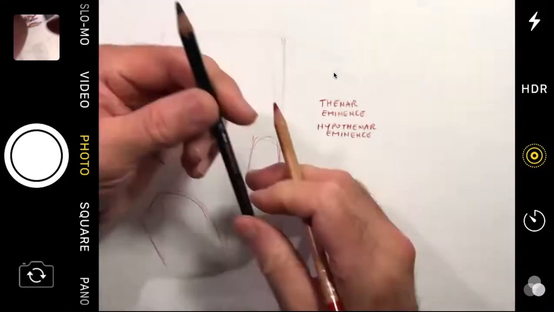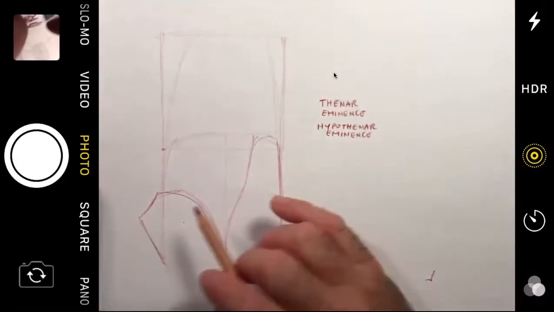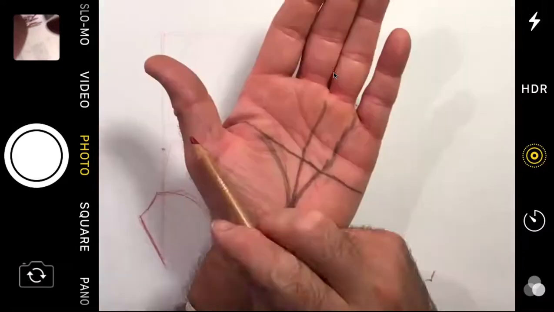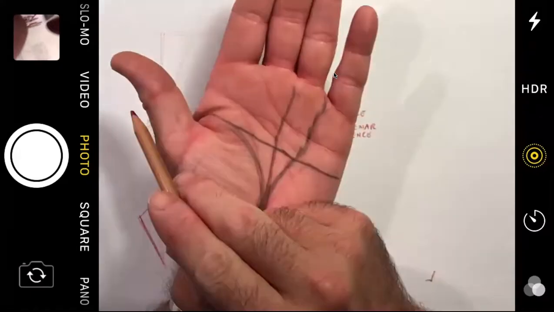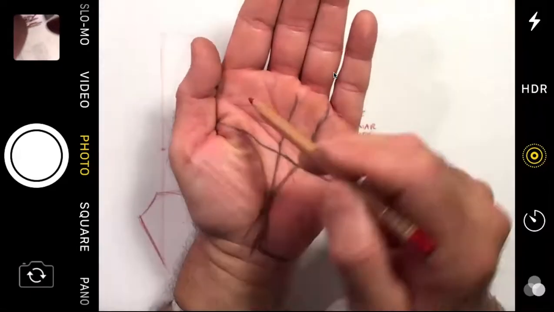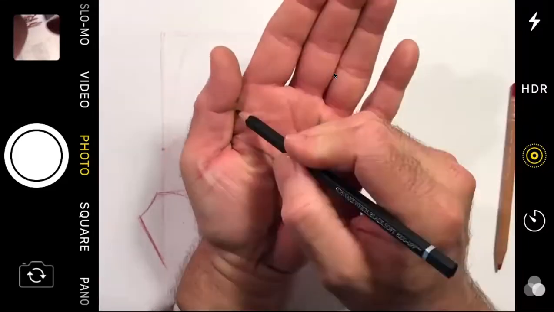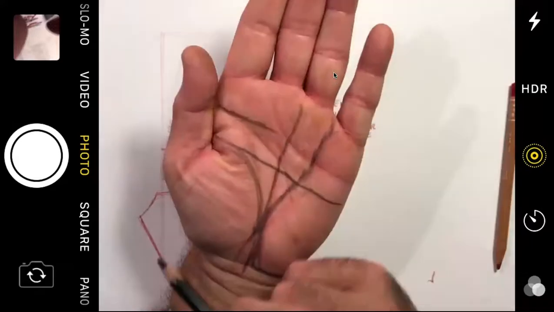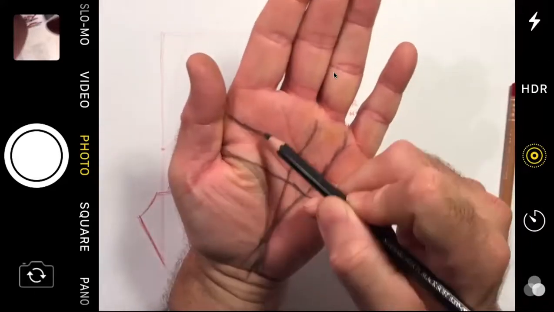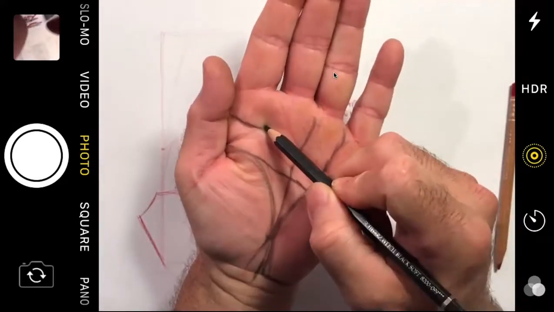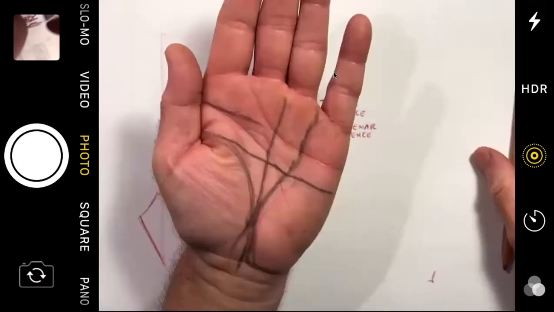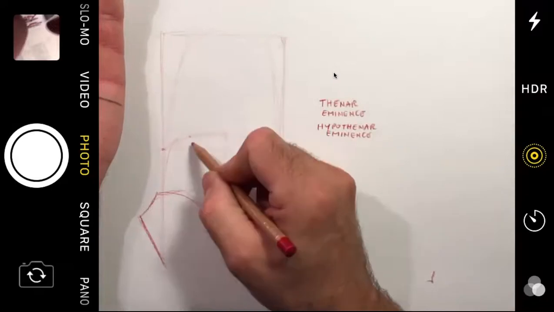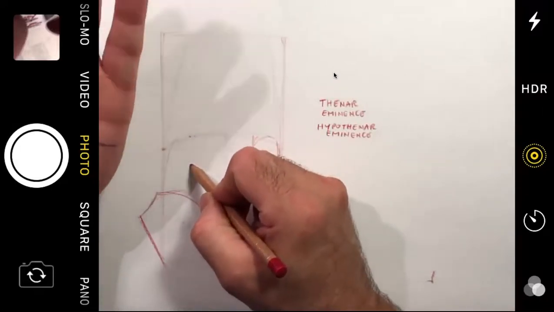Let's finish with the thumb, and then I want to see how long the thumb is. So I take the thumb, bring it close to the palm of the hand, and this is my lucky day because look at that. In my case, this measurement here is similar to this measurement here. Not exactly the same, but I can guess it. So this measurement is not half, but a little bit less than half here.